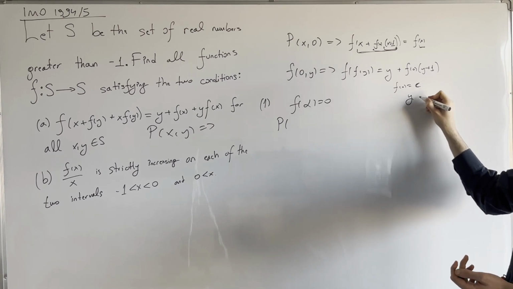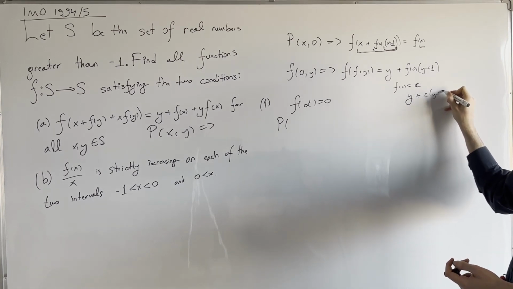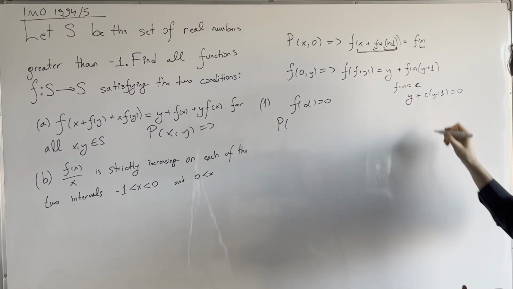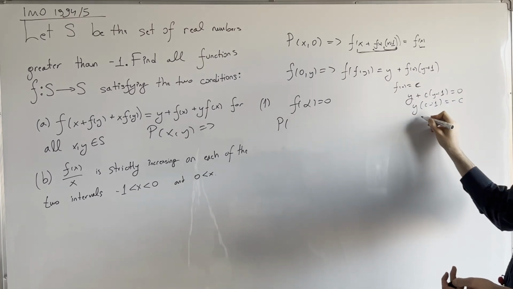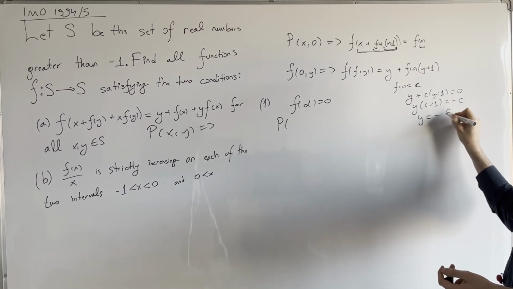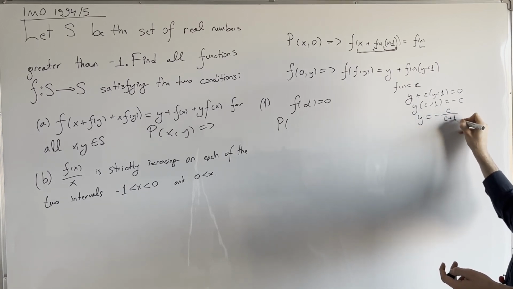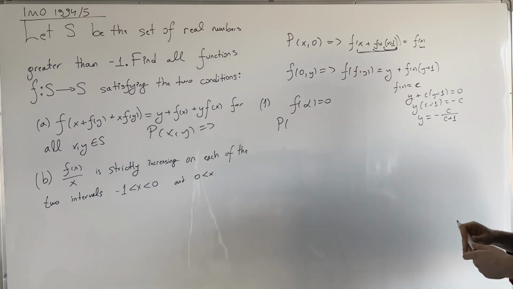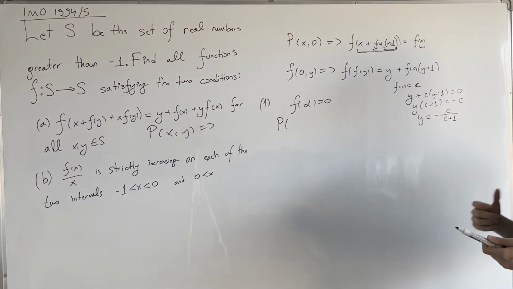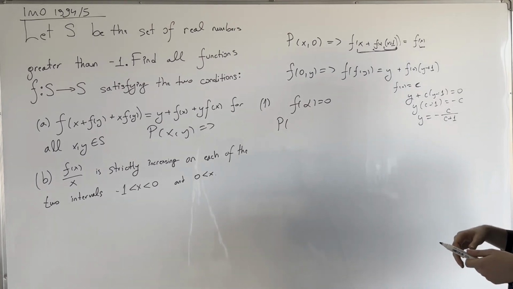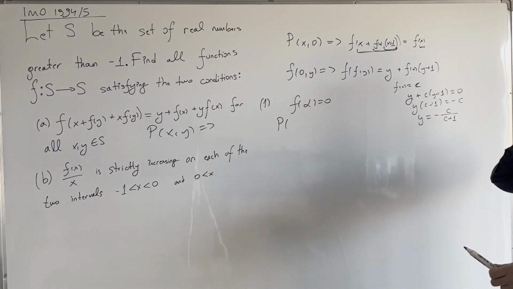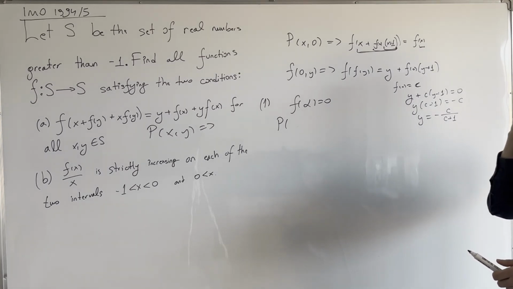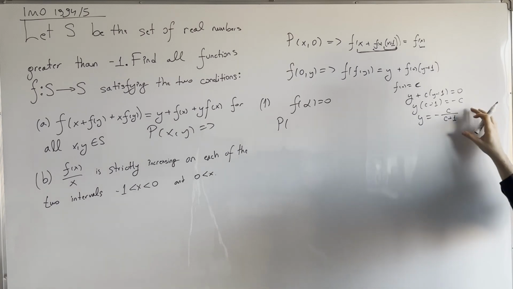Then we have y plus cy plus 1, and I want this to be 0. I want y times c plus 1 to be equal to minus c. I want y to be minus c over c plus 1. And I need this to be in S, to be able to put it in. Now that makes c not equal to -1 for one thing, and for the other thing, when is this in S?